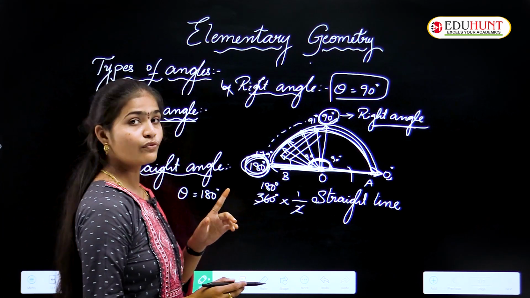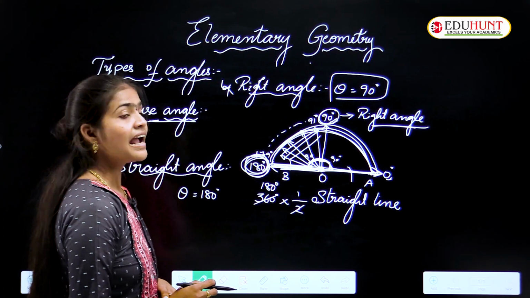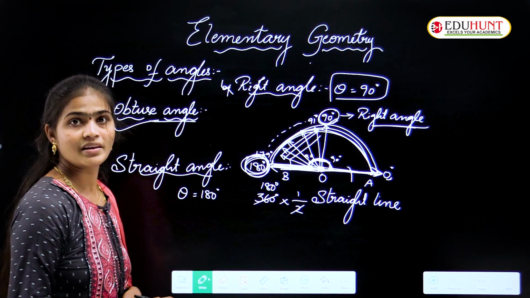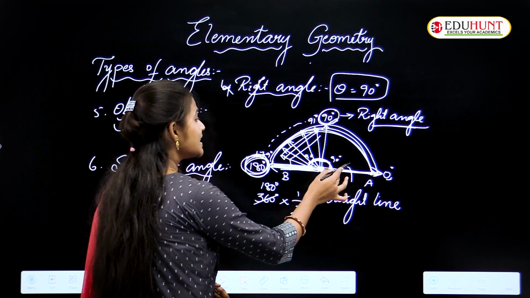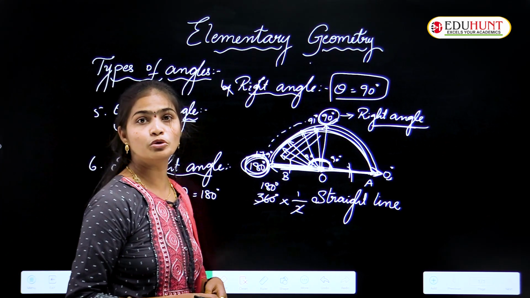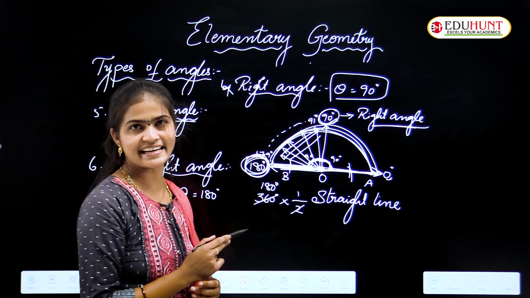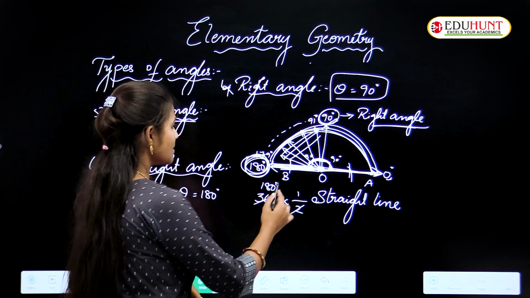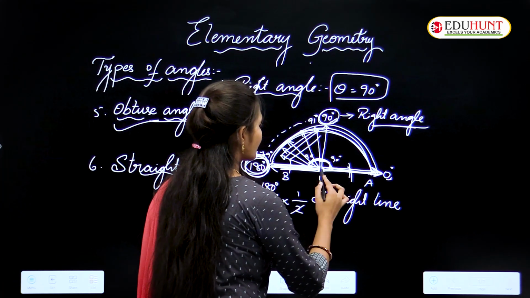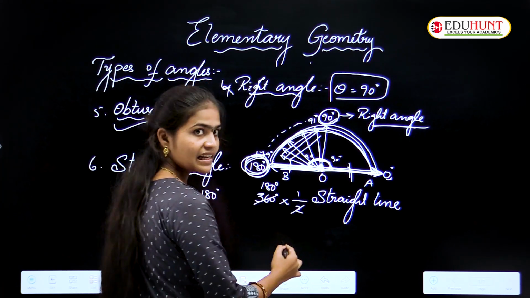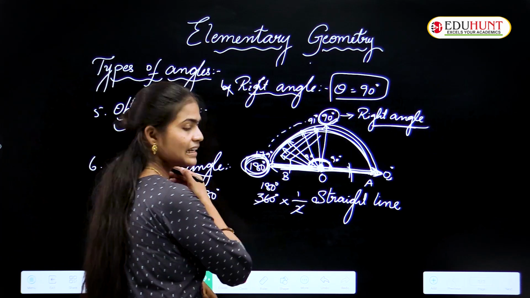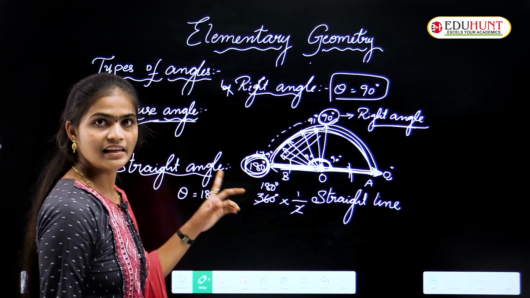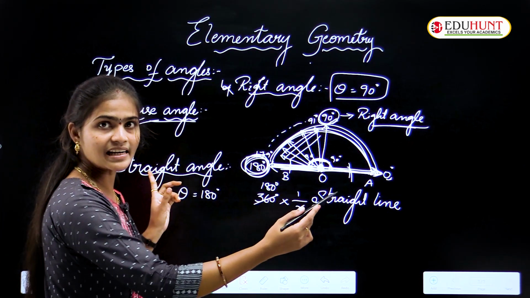Is it clear? And one important point: at a straight angle, the initial ray and terminal ray become opposite rays. Just observe that this is a straight line. Those two rays form a straight line. One shows the right hand side, another shows exactly the left hand side, and those two form a straight line, right?